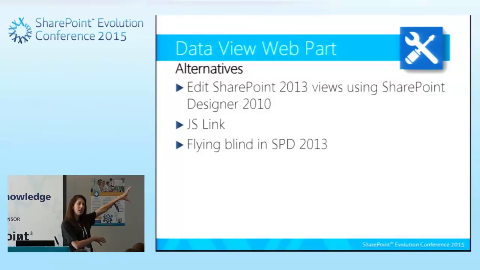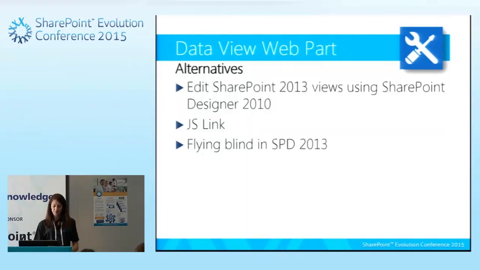Whatever list view you're rendering on the page will use that code you wrote to say, for example, display any number over 50 as green, or show any hyperlink a certain way. Again, you have to be a developer, so I can't really get into a demo on that, but it's definitely something to look into and know that it exists, because it's another option for customizing what those lists look like.